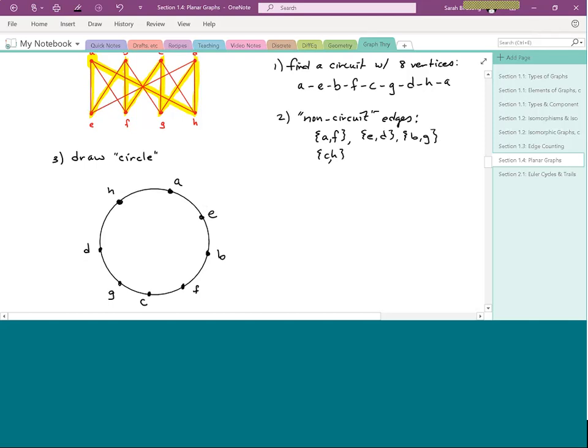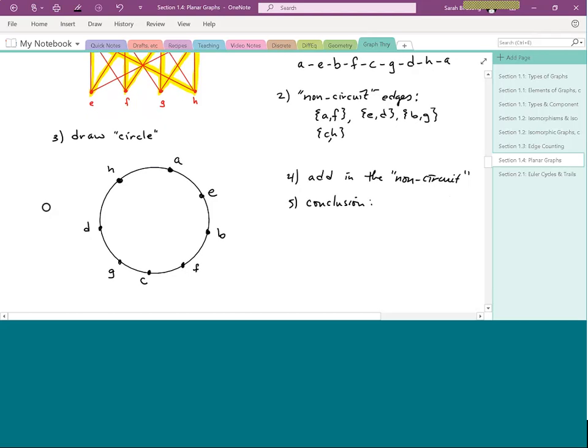Now, step 4, if you haven't done it yet, we want to add in the non-circuit edges. There's no S in circuit. And then 5 will be our conclusion, and we'll write that there in just a second.